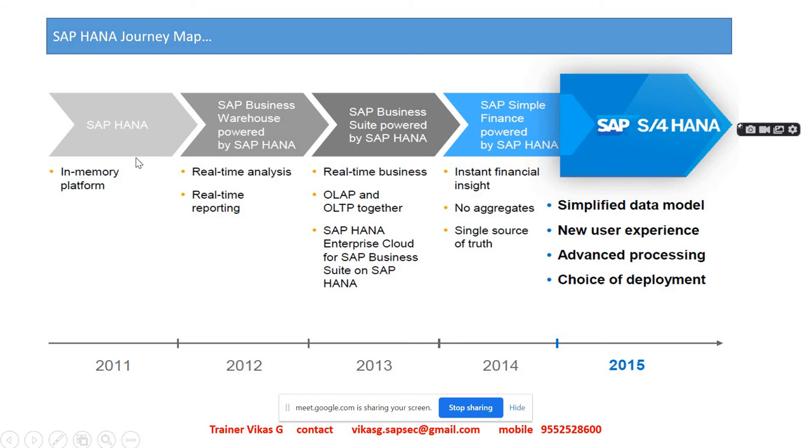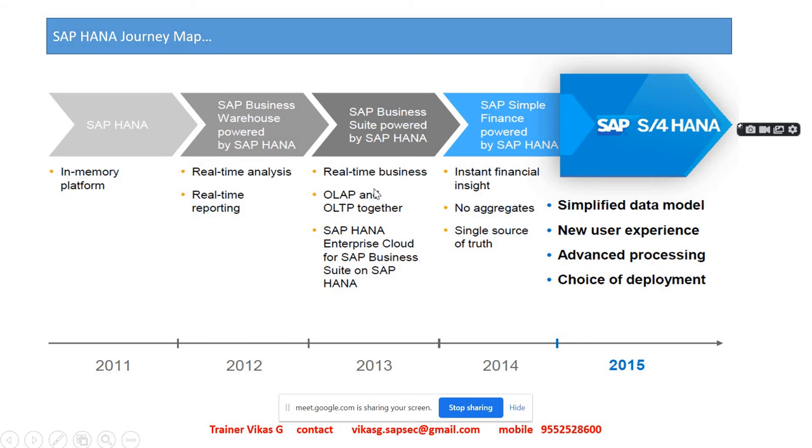So this is the evolution that happened. Initially in 2011 they had only HANA as a database, then they came up with SAP powered by HANA. Especially on the BW side, they used SAP HANA as a database for real time reporting, and BW reporting is done on the HANA database.